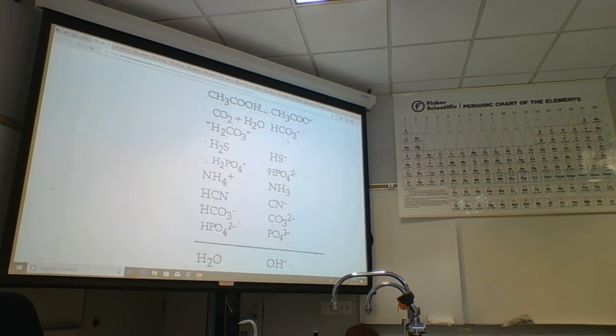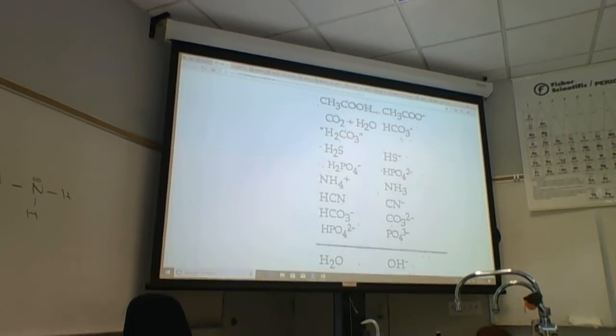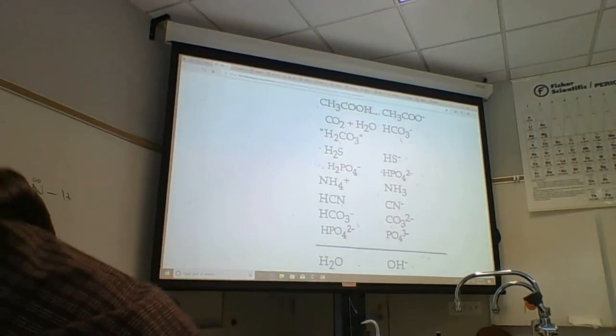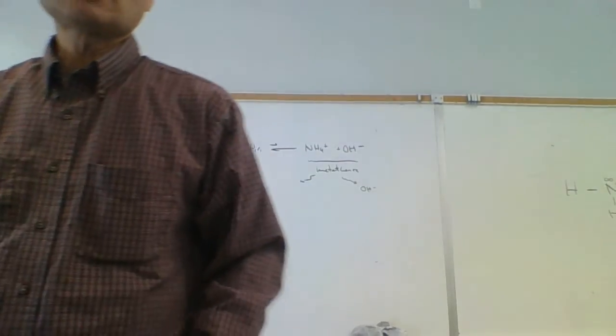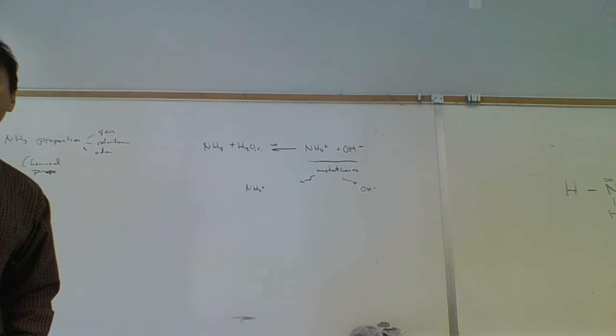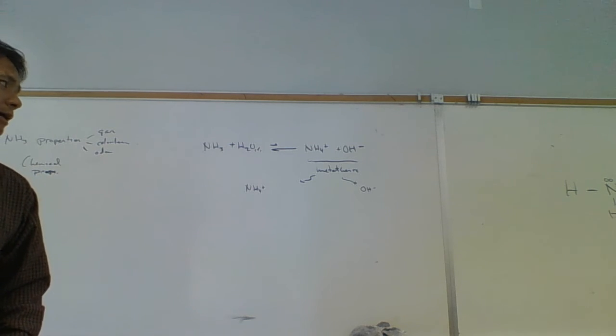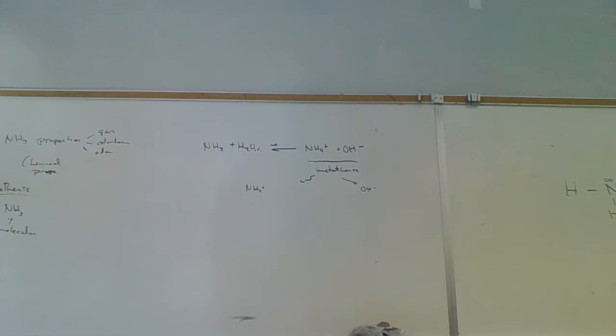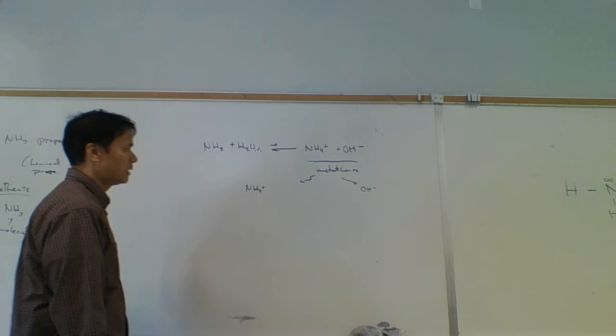Well, hydroxide likes all cations except for group 1, ammonium, and calcium, strontium, and barium. Why? Because it'll precipitate with things like iron ions, copper ions, zinc ions.